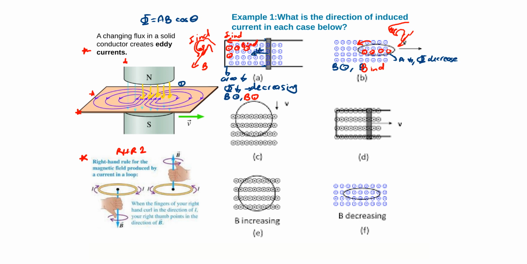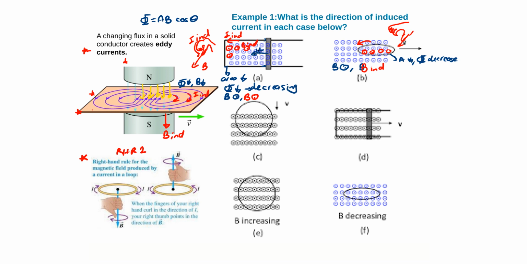My magnetic field is down, so my induced magnetic field should be down on this side here, because this side is going out of the magnetic field area and flux is decreasing. And if I use the right hand rule, my induced current on this side will be in this direction as shown.